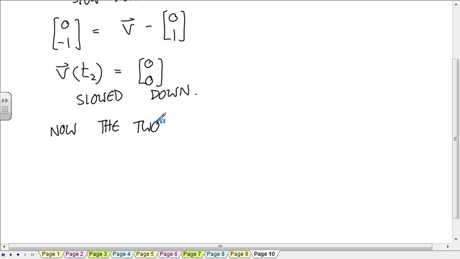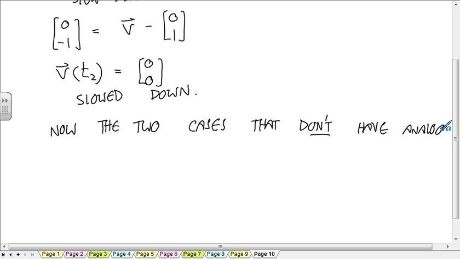Now here are the two cases that don't have an analog in one dimension. So first, let's say that the acceleration vector is 1, 0.